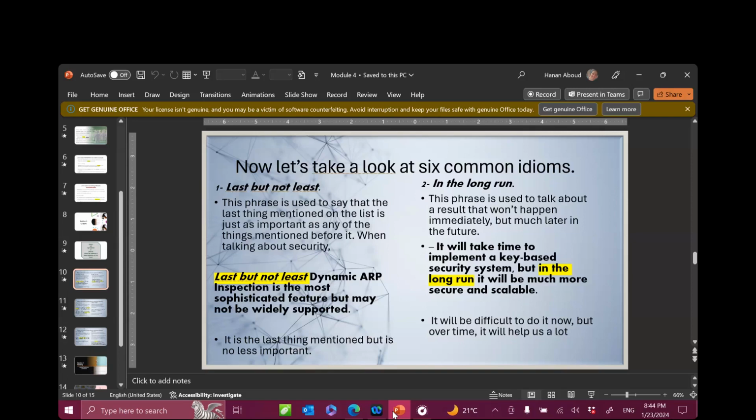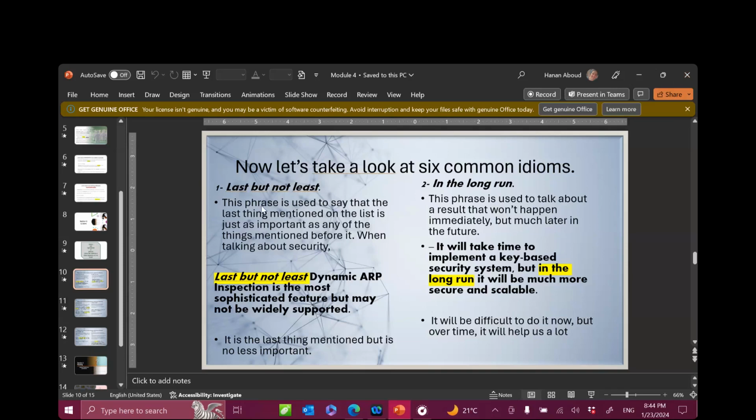It's very sophisticated, but this feature may not be widely supported. Not all people support it. It's the last thing mentioned but is no less important.